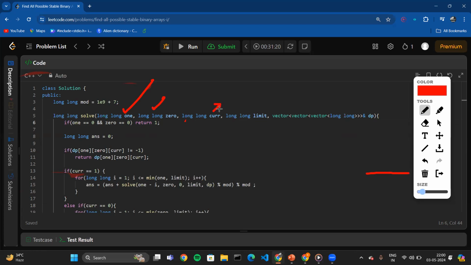My current will be 0 or 1. Current is the element I am looking at at present. So I have two possibilities there, either a 0 or a 1, and I have to consider both, starting from both. Now there is a limit which is given in the question.